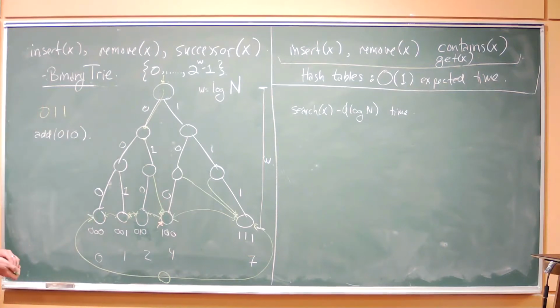Or we don't see it here, but if the path did something like this, then the jump pointers everywhere that the path you're inserting turns right will point to the new thing that you're inserting. Okay.